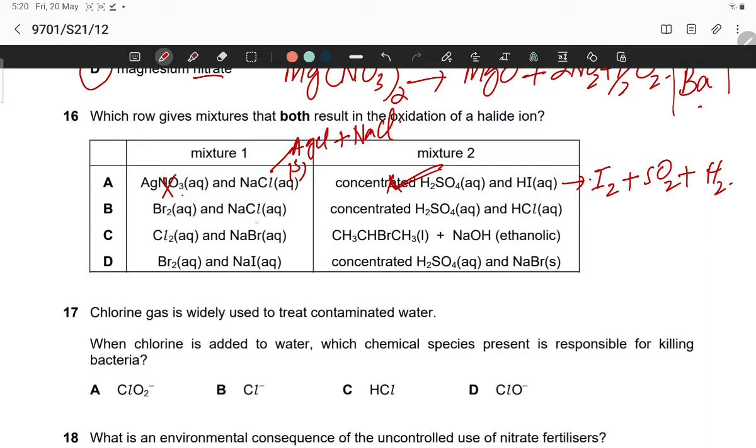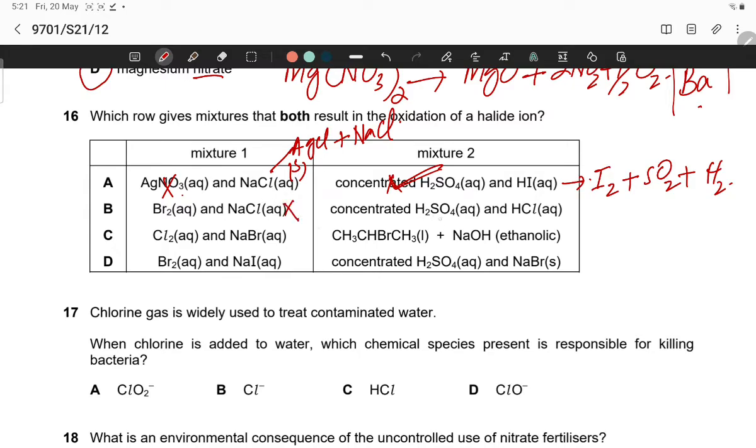Br2 and NaCl. Br2 is less reactive than chlorine, so bromine cannot displace chloride ion from its solution. So again no reaction takes place in this case.